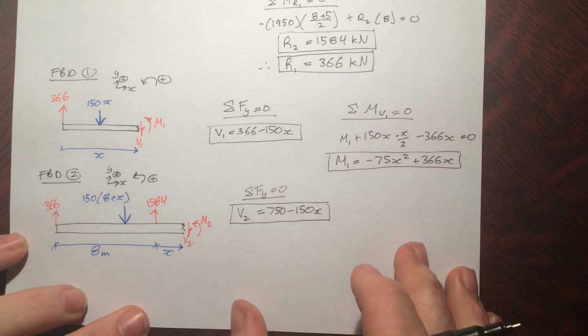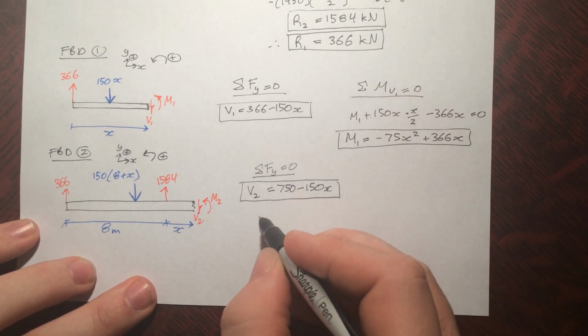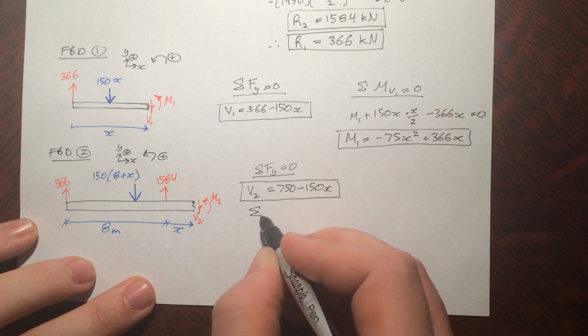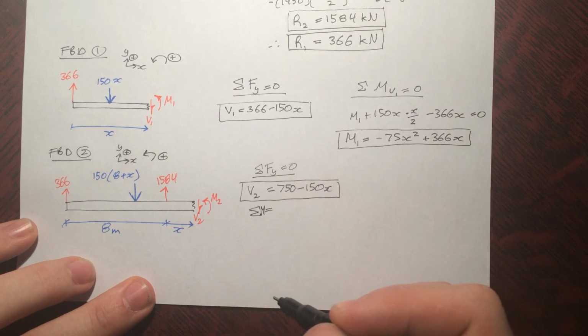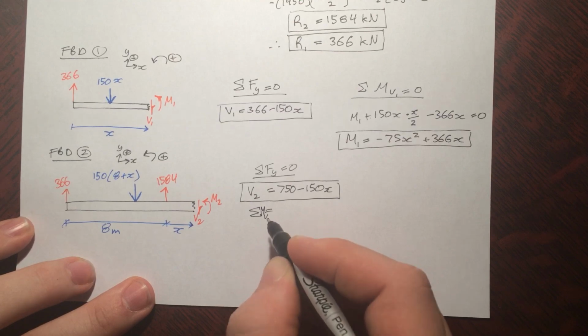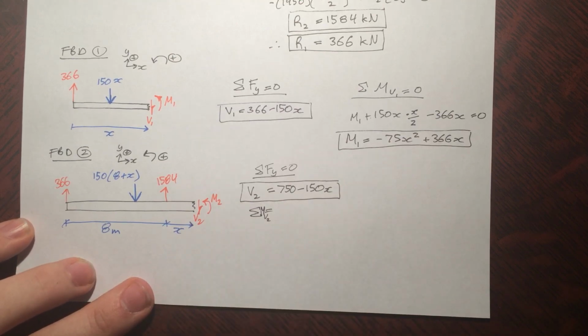Not really important to notice, but we'll just do it anyway since we're at it. Later on when we do shear forces and beams and we compare it to bending moments, it's useful to know this. Again, taking the moments about the cut.